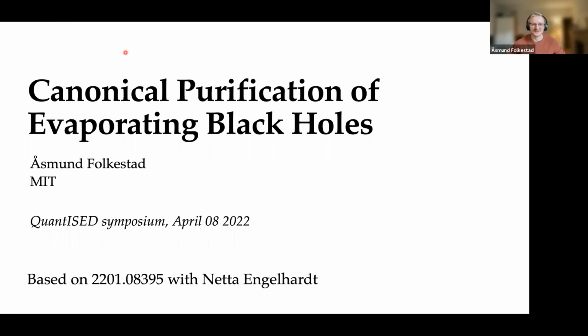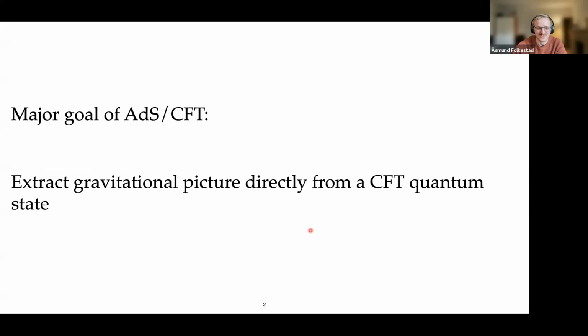So yeah, I'm going to tell you about the canonical purification of evaporating black holes, based on work published earlier this year with Netta. So let's just jump right in. A major goal of AdS/CFT is to extract the gravitational picture directly from the CFT quantum state.